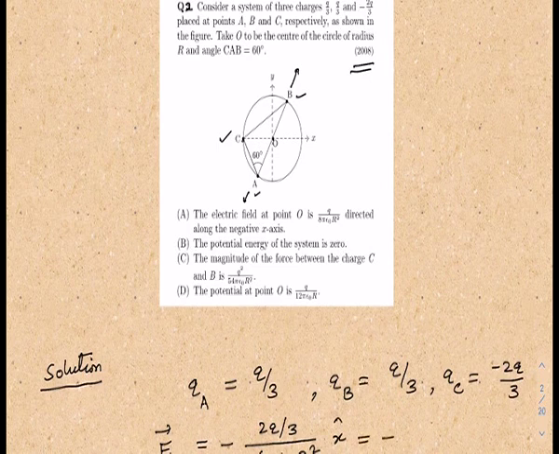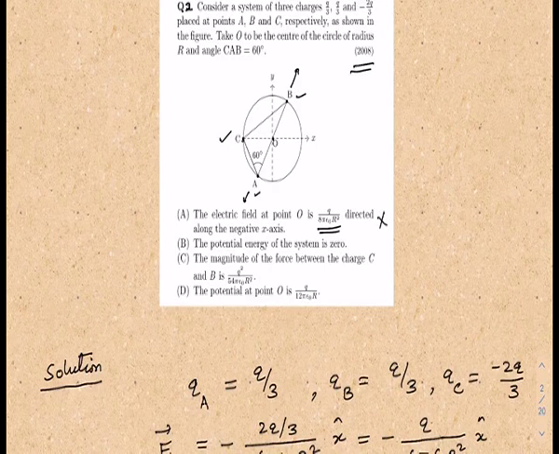If you simplify it, the answer would be minus q by 6 pi epsilon 0 r square x cap. Now if you see the option, it is directed along the negative x-axis, but the magnitude is this much, while we are getting this. So option A cannot be the correct one.